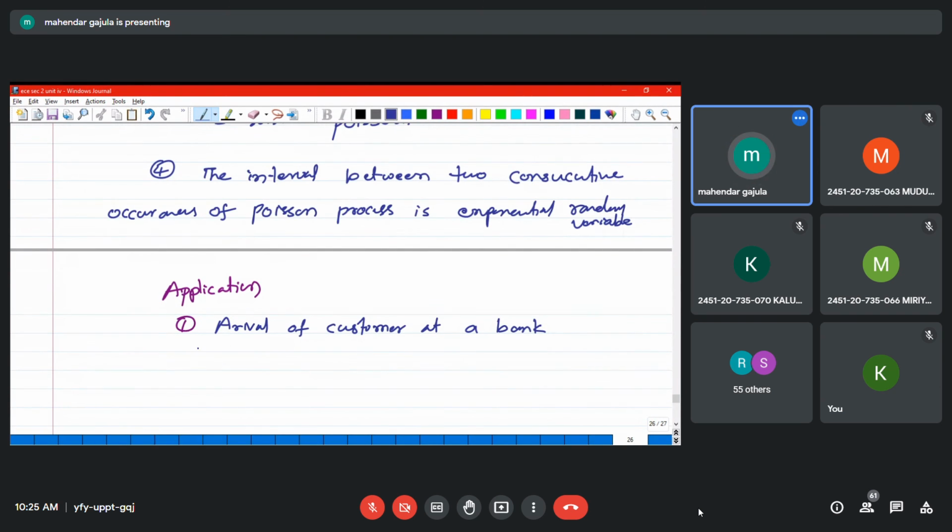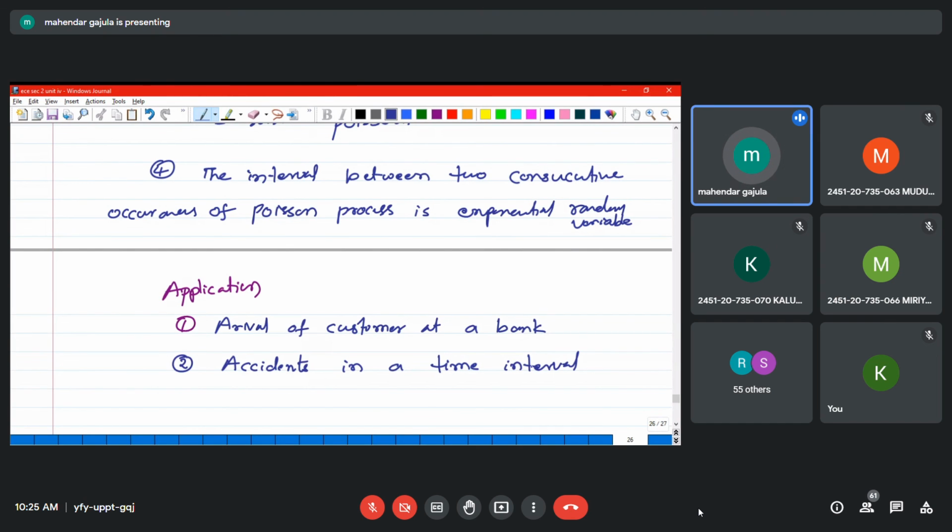Those all come under this first one. Accident in a time interval.